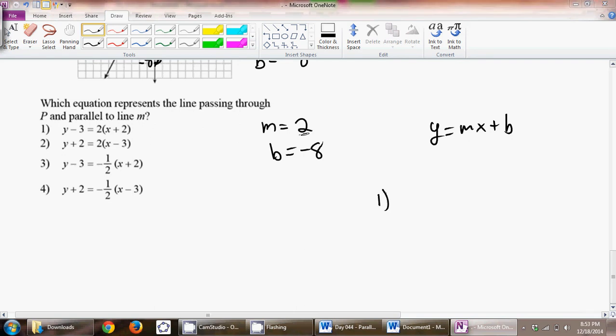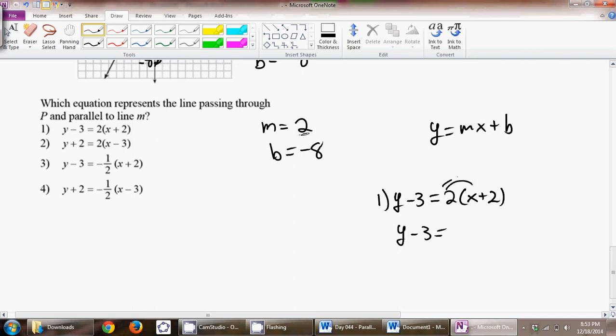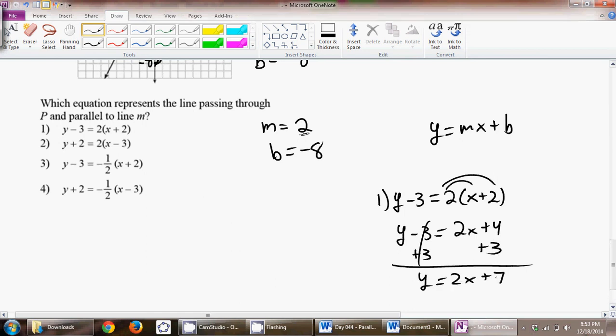So let's just start at the top with 1. y minus 3 equals 2 times the quantity x plus 2. y minus 3 equals 2x plus 4. Add 3, we get y equals 2x plus 7. So this does have a slope of 2, but it doesn't have a y-intercept of -8. So rule this out.